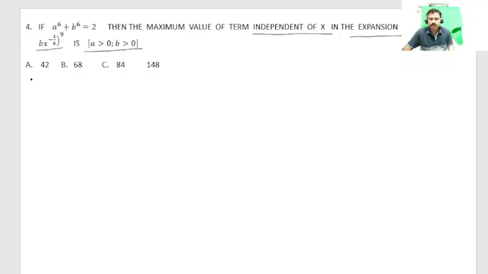let the r plus 1 term be independent of x. Okay, r plus 1 term is independent of x.